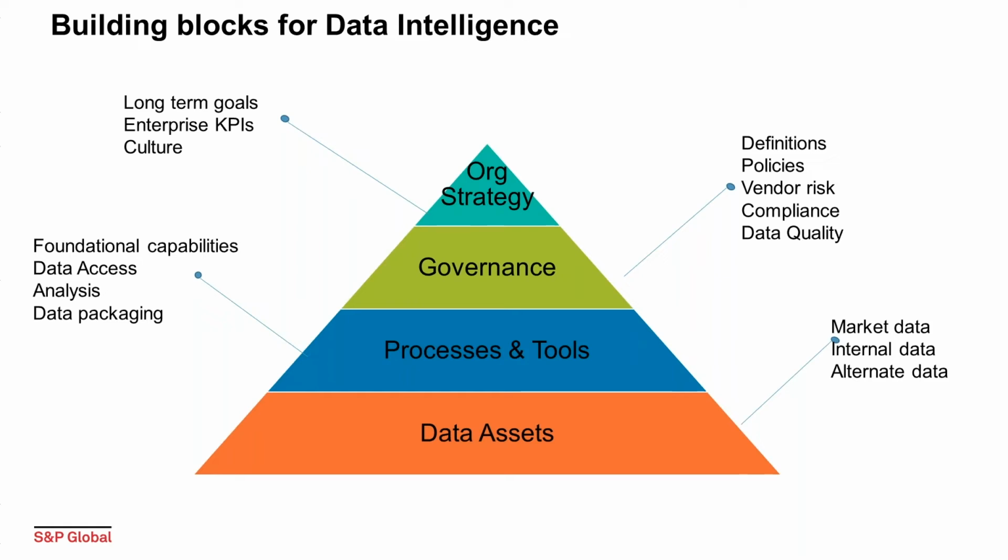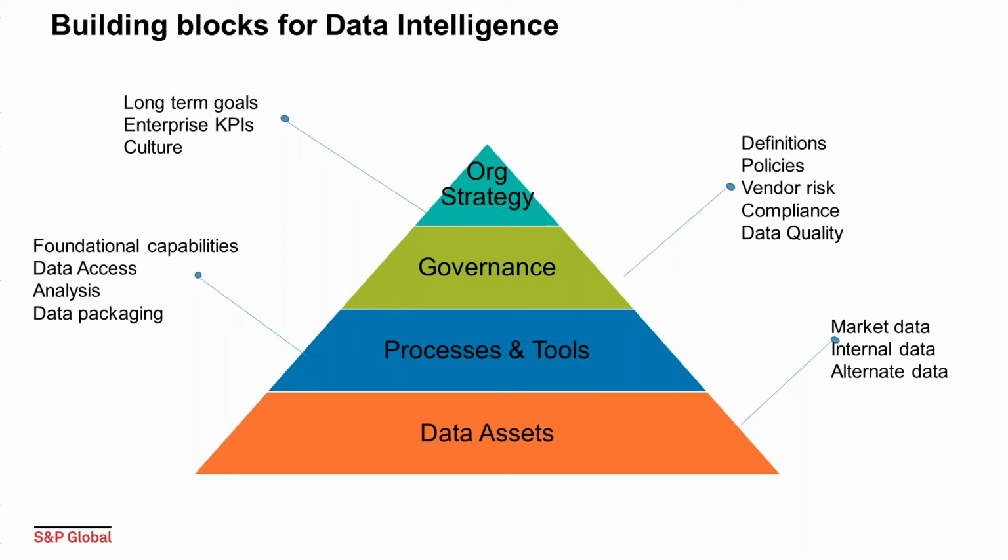Apart from the strategy, governance plays a lot of role in making the data intelligence successful. So governance empowers the users in the organizations to use the data and then make decisions with the data. While it actually empowers the users, there are also factors that data governance controls to mitigate the risks for the organization.